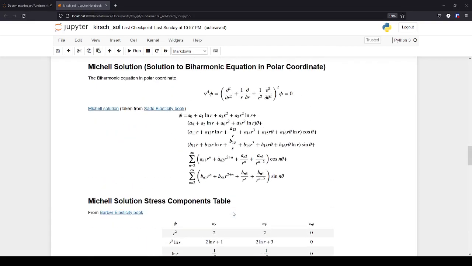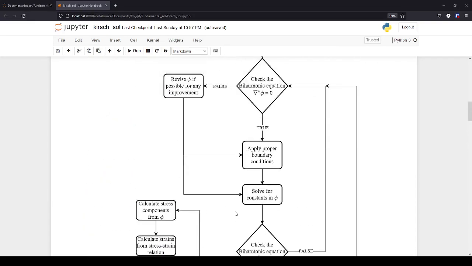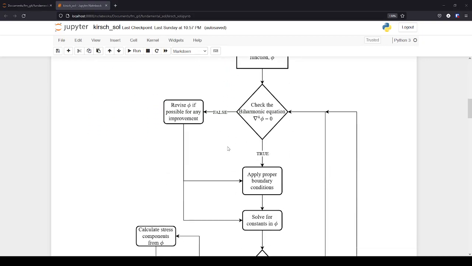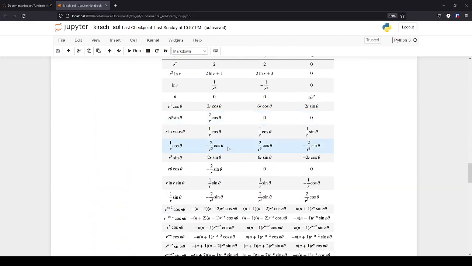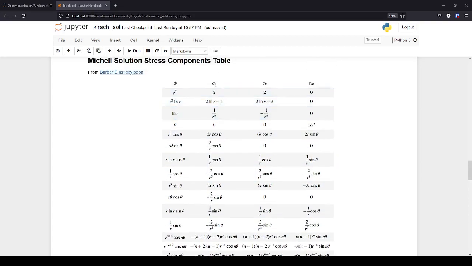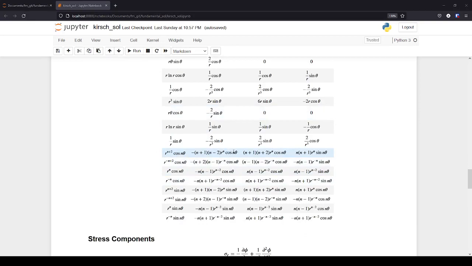Since the stress components at infinity yield cosine 2 theta for sigma r and sigma theta, and sine 2 theta for tau r theta, I'm going to select the terms that contain cosine 2 theta for sigma r and sigma theta, and sine 2 theta for tau r theta. All these terms do not yield what I want, but when it comes here, I have cosine n theta.